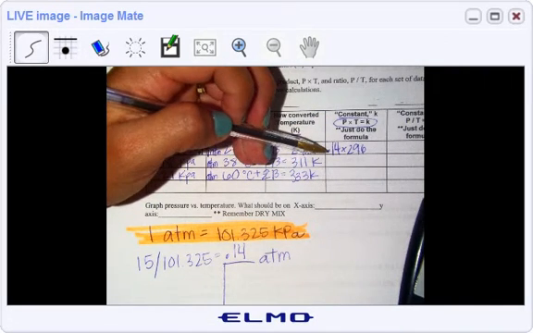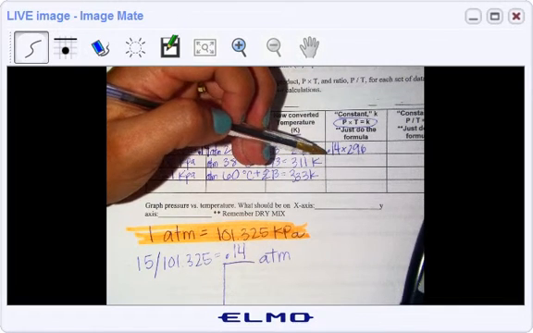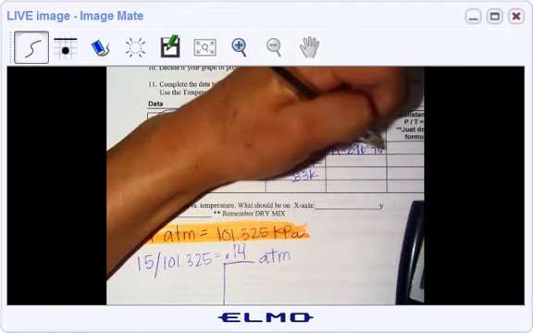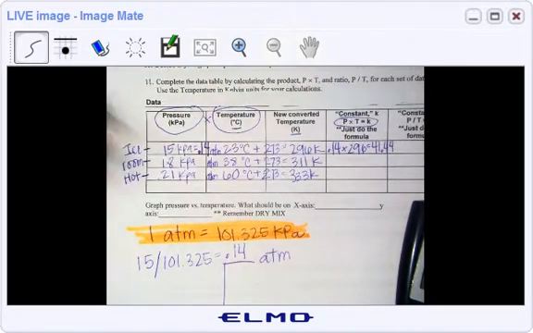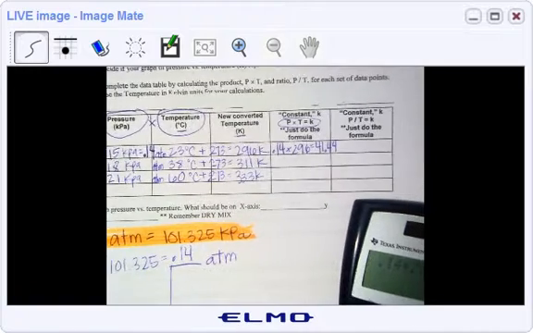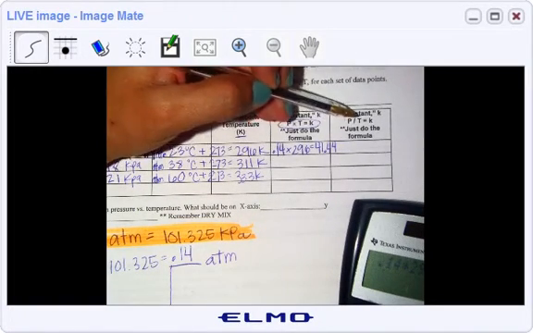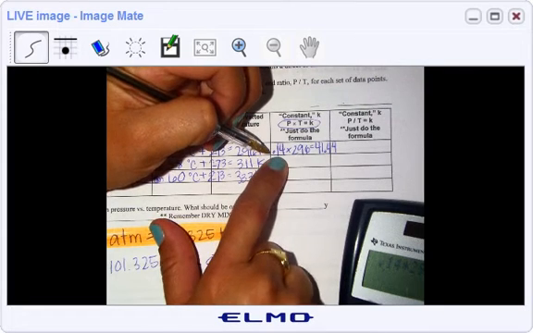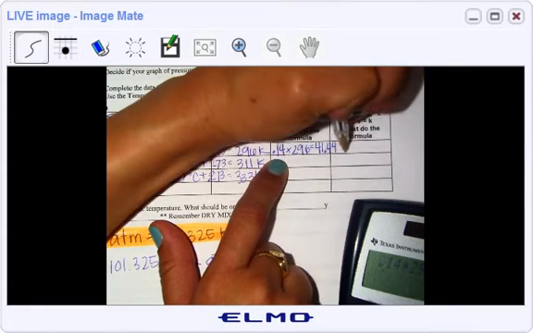So I'm just doing what it's telling me to do right here. Now I'm going to type in my calculator. Okay, and I get 41.44. I'm going to move on to my next data box. The very last column, it says P divided by T. Okay, so it's just like this one right here, but now you're going to divide.